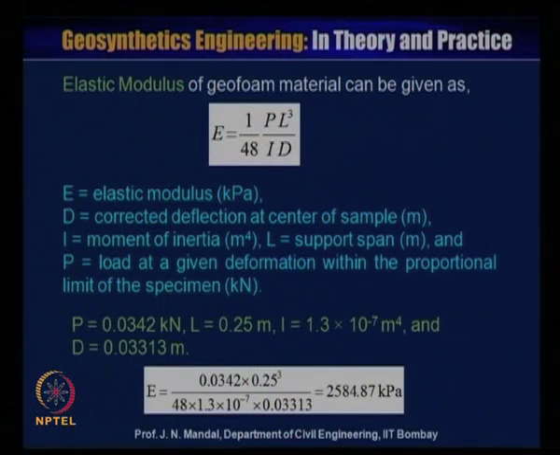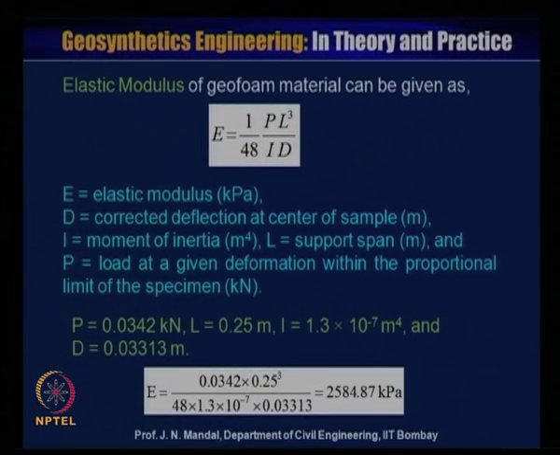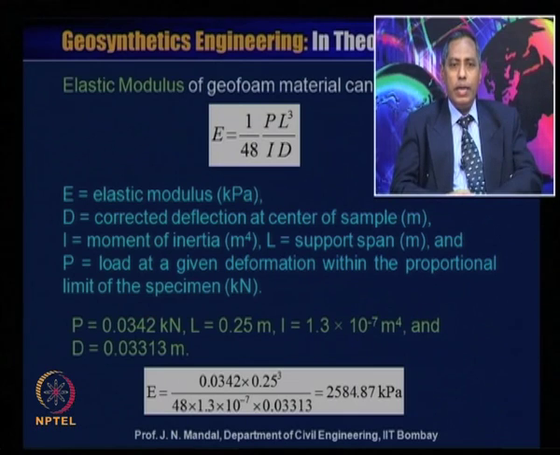Elastic modulus of the geofoam material can be given as E is equal to 1 by 48 P L to the power 3 divided by I into D, where E is the elastic modulus in kilopascal, capital D is the corrected deflection at the center of the sample in meter, I is the moment of inertia in meter to the power 4, capital L is the support span in meter, and P is the load at a given deformation within the proportional limit of the specimen, in kilonewton.